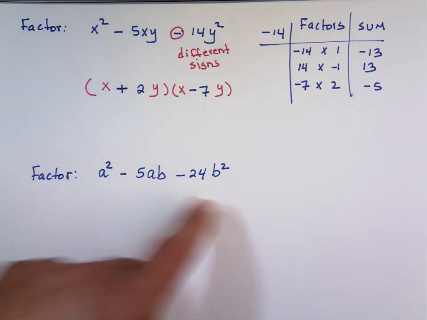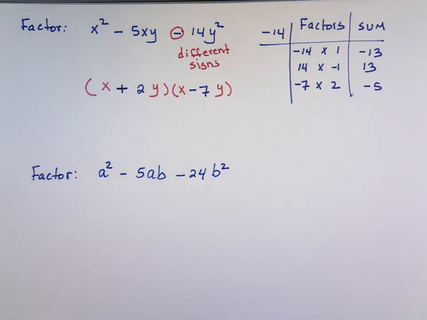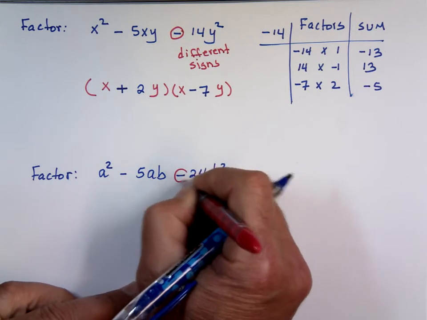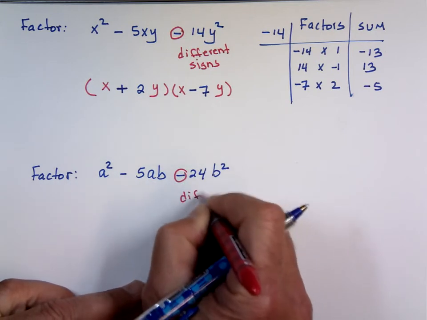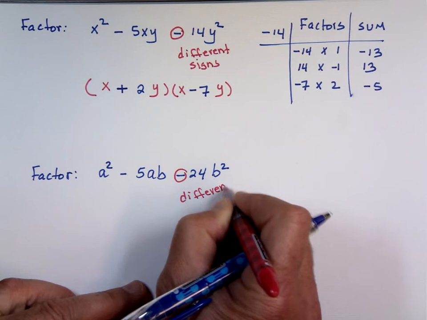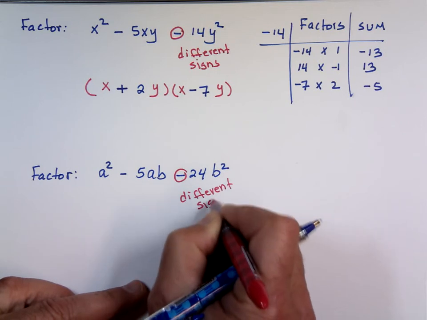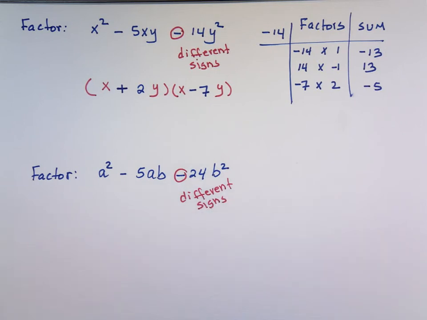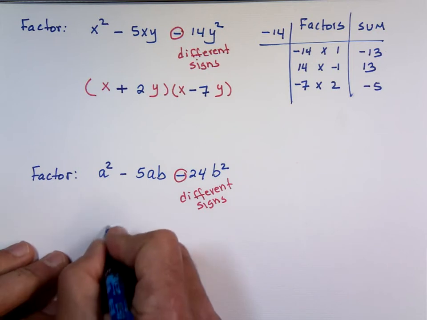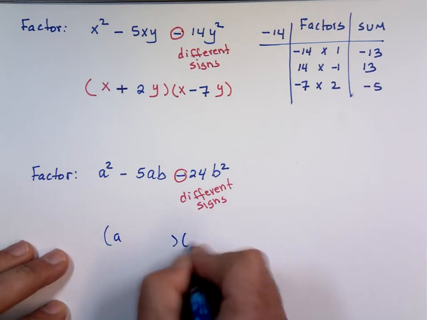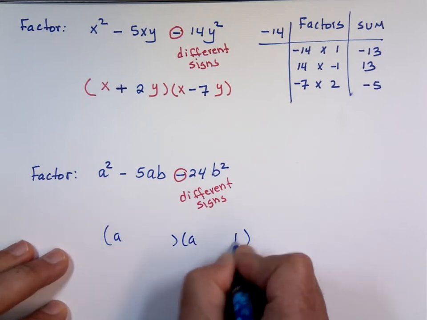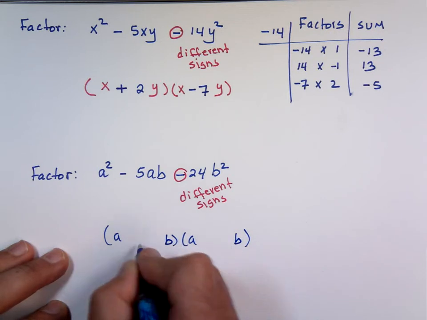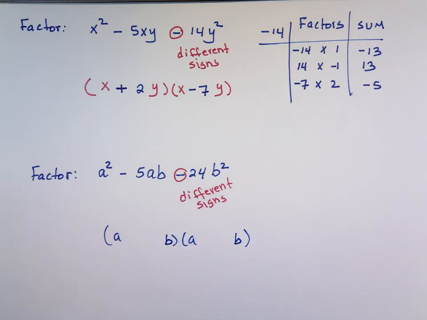You have a negative sign, which means different signs. So I'm going to have a, and since you get b squared, that's b and b. There'll be some numbers here, and we have different signs, one positive and one negative.